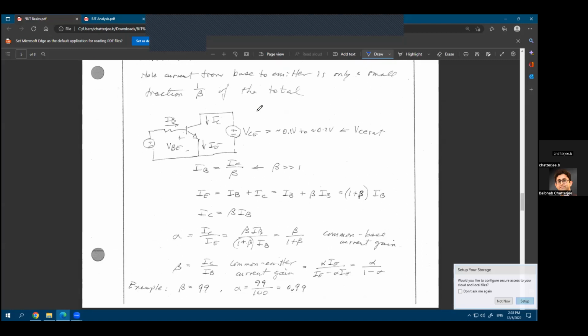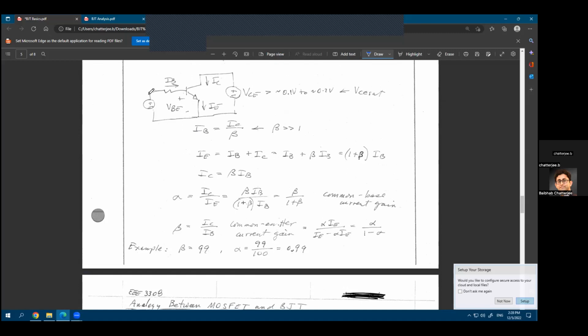Now some more equations related to BJTs. Again, you can draw an NPN BJT circuit like this, just like we had done for the MOSFET, where at the base you are applying a VBE voltage. At the collector side, you have a collector current IC. In the case of a MOSFET, remember that the drain current was the same as the source current because there was no other way for the current to flow.